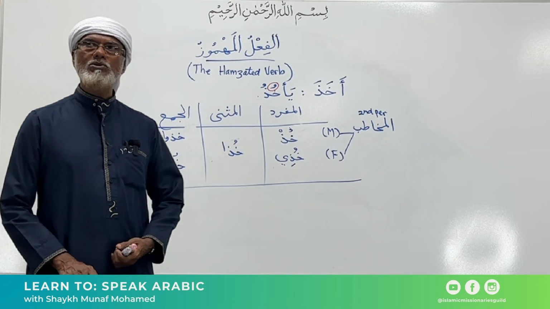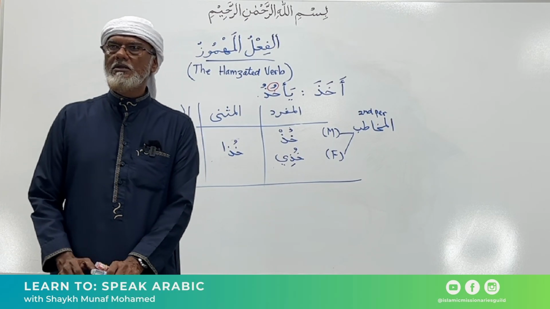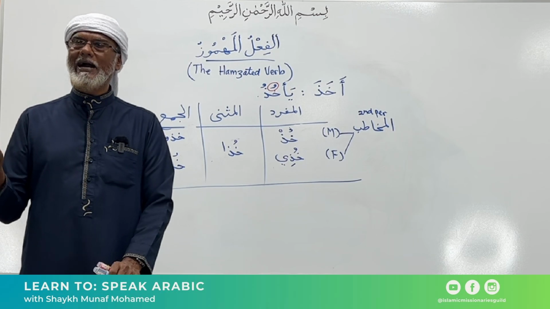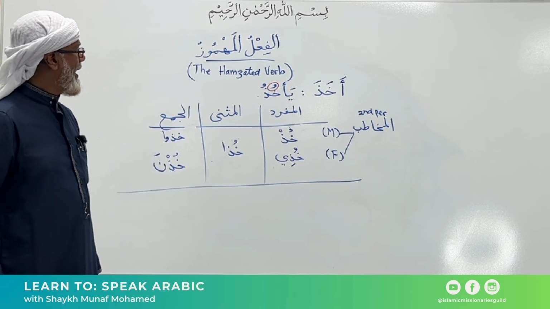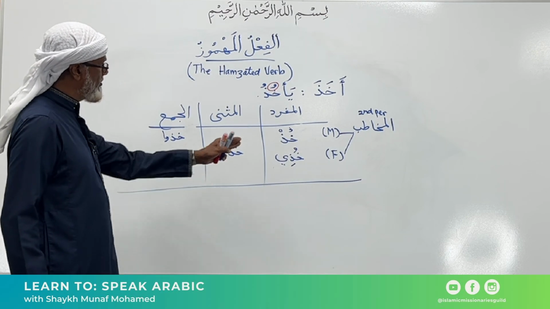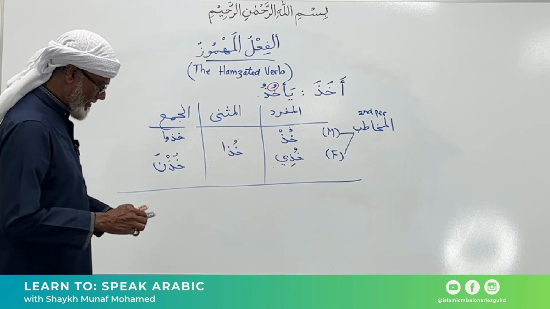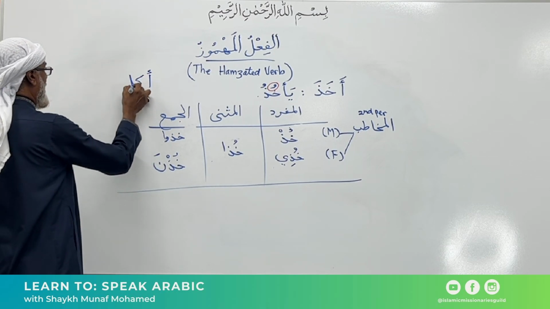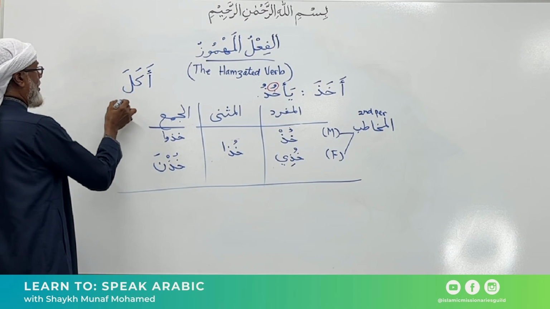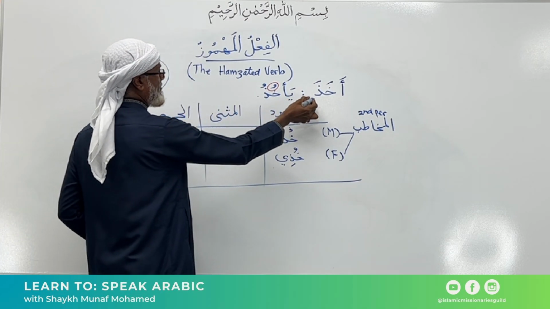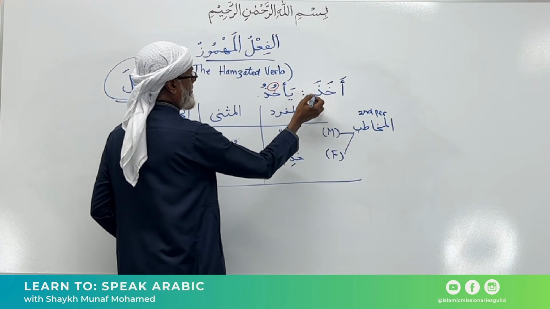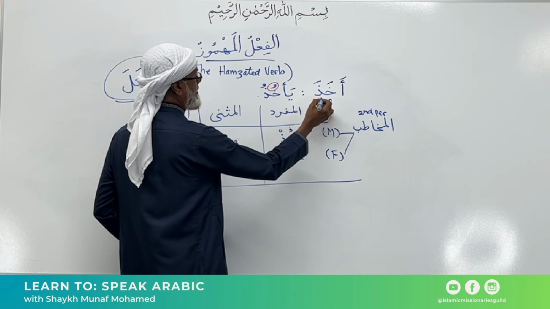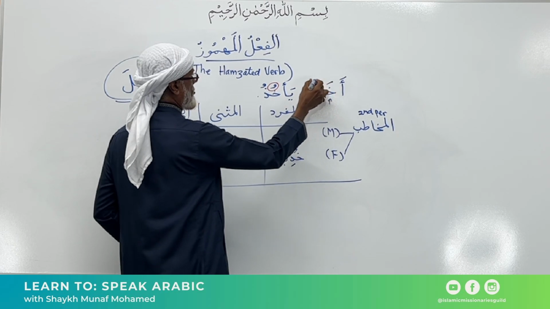So the same thing goes for amara, all right? And also akala. So perhaps we can follow this and do the same thing for, let's say, akala. What we have seen here is that we just remain with the second letter and the third letter, and there was a dhamma here and there was a sukoon here.